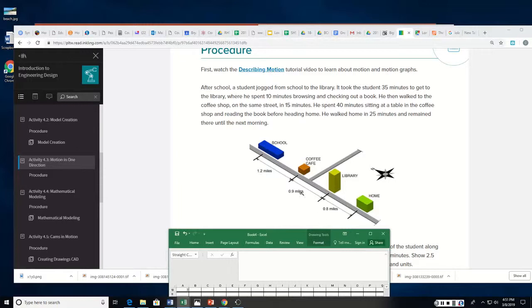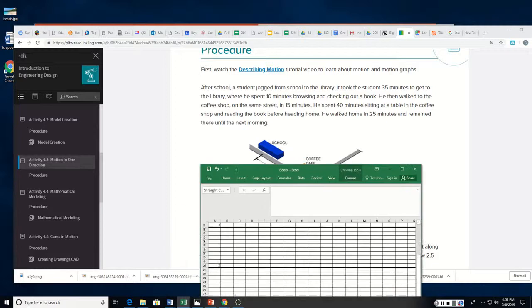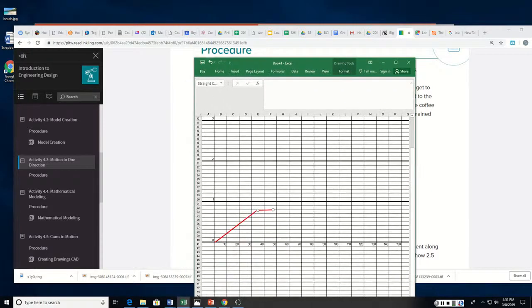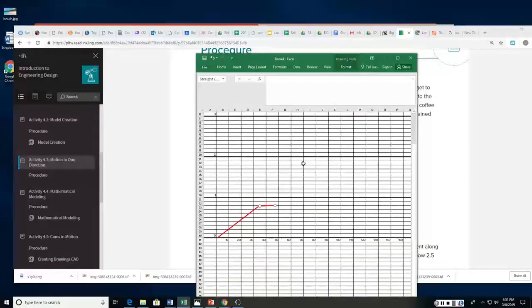So that is 9/10 of a mile. But we're talking about total displacement from home every time. That means we add this value to this value. So we get 1.7 miles is his new distance. So when I do Control D, I get another line, and we're going to go up to 1.7 miles.